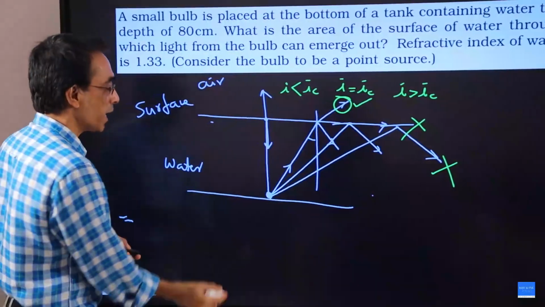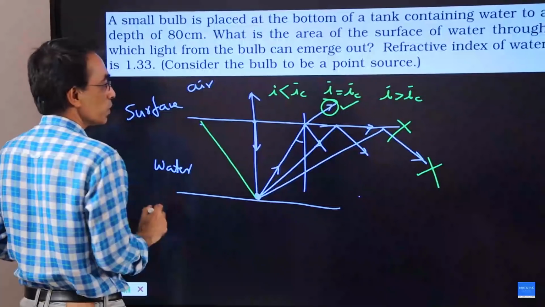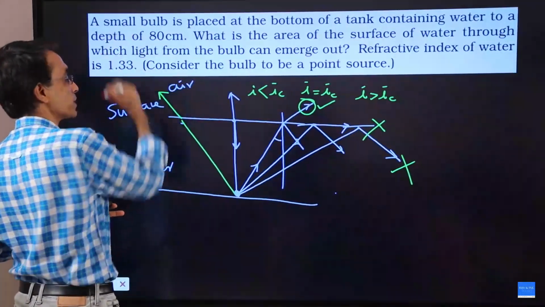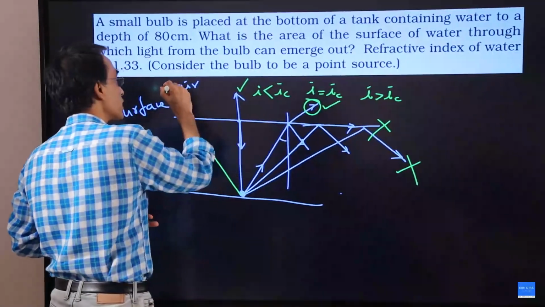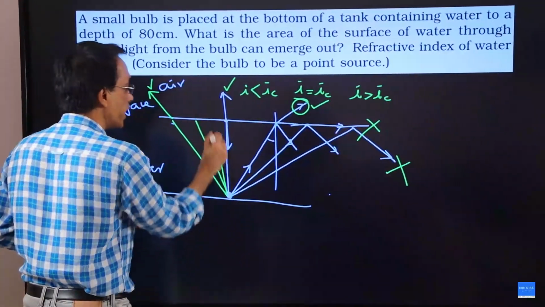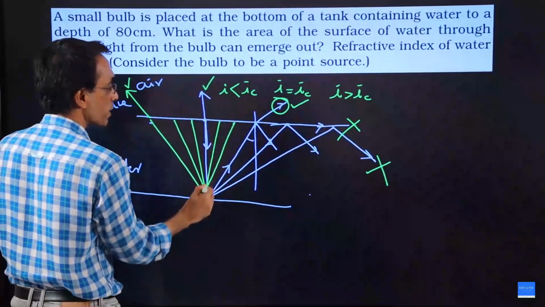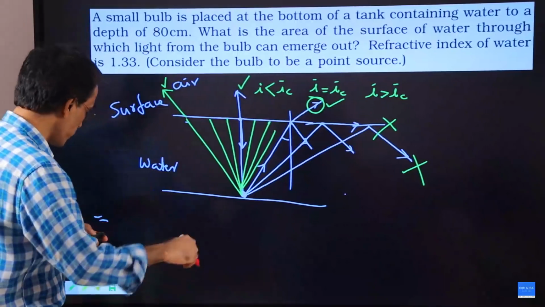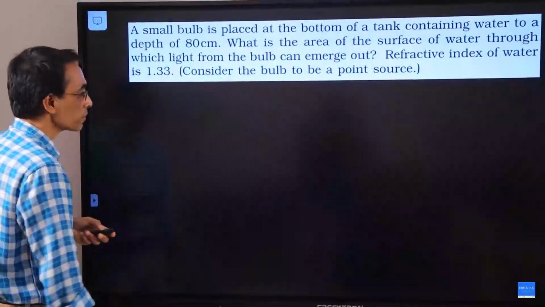Same thing will happen on this side also. So up to a certain extent, light will be received by the person outside. He will receive this light, he will receive this one, he will receive any light coming through this. But anything away from that, he can't. That's what we are going to do now.